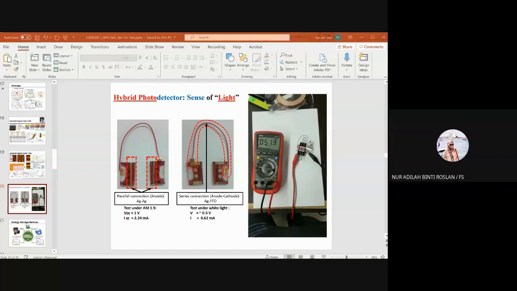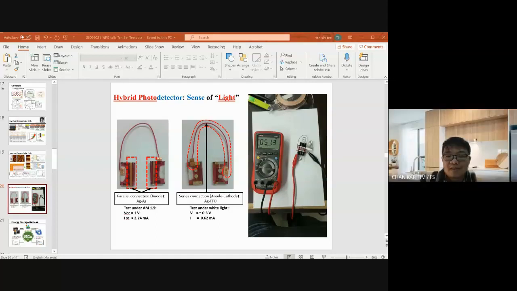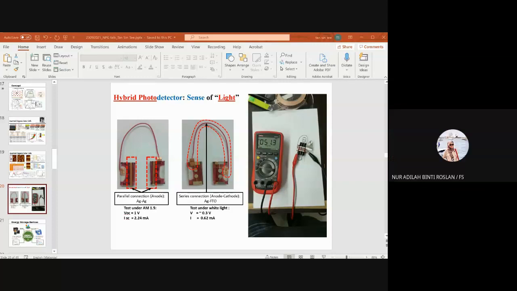I have one question, Dr. Tan. Did you optimize the parameters for your nanostructure? And my second question: how did you control the stability of your solar cell?